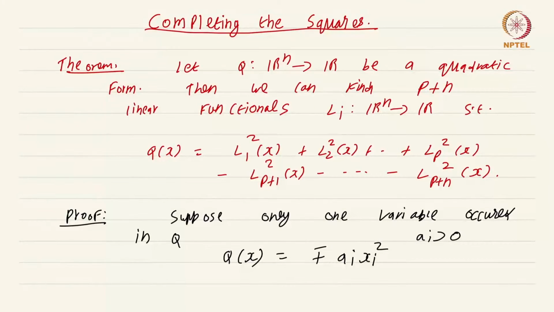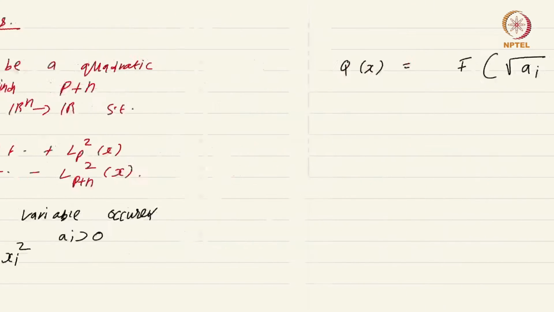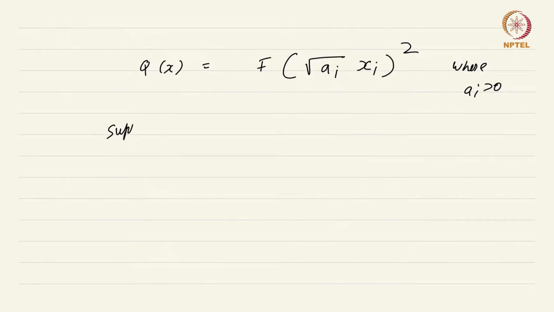Now we are going to proceed by induction. Suppose the result is true if r minus 1 variables occur. So assume that the result is true if there are only r minus 1 variables occurring in the expression for Q. We are going to show it for r.